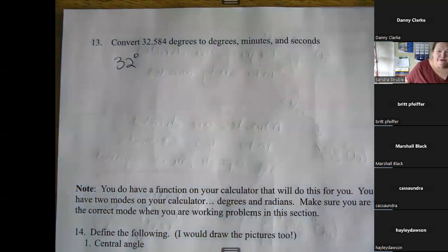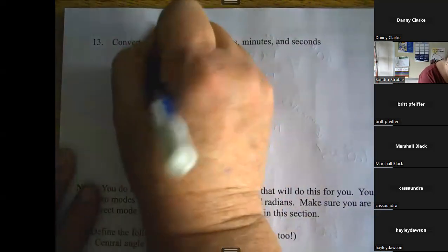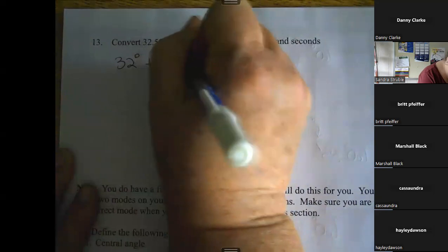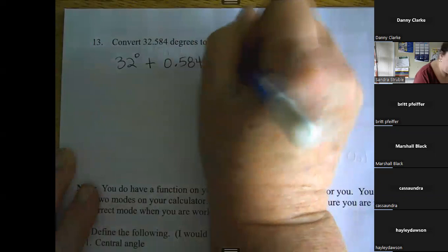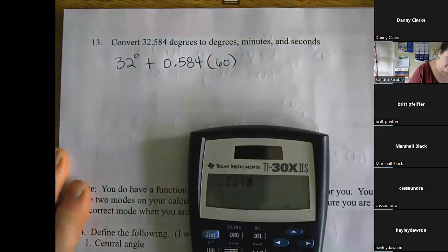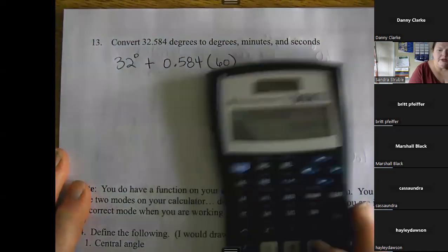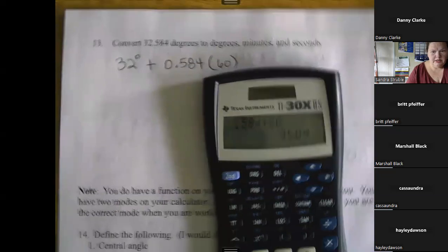Now I need to move to the minutes. How do I get to minutes? Well, I take that 0.584 and multiply it by 60. Let's see if I can do a light on this one. I just want to show y'all.